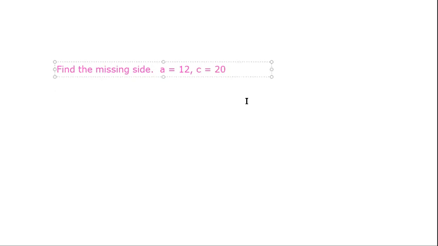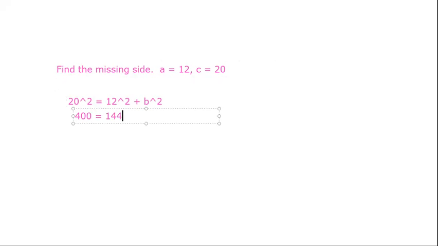So you're going to have to find B, and it's no different than the one we just did. 20 up arrow squared is your C equals A, 12 up arrow squared, plus B up arrow 2. So A and B are always your legs. C is your hypotenuse. That one in your calculator, you get 400 equals 144 plus B squared.